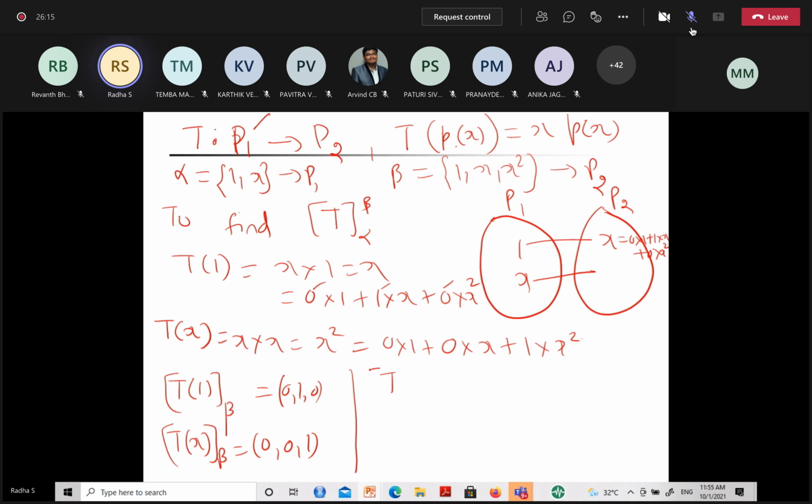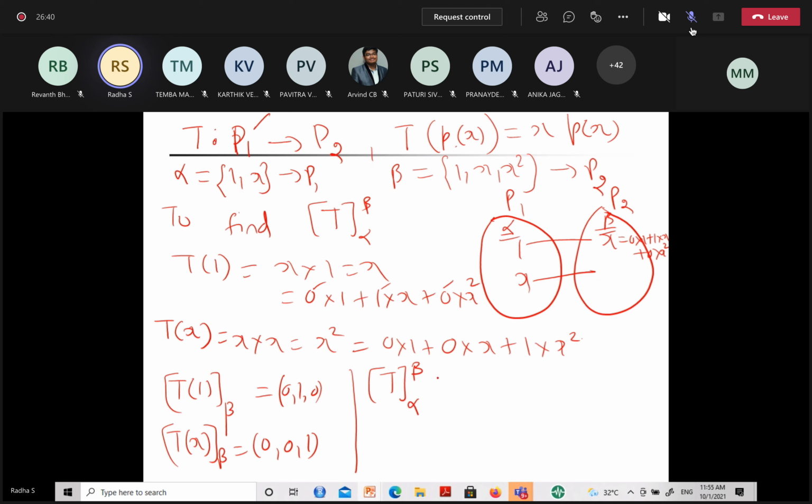So what is the matrix of the linear transformation alpha to beta? Here alpha and here beta. Take an element of alpha, find the image of the linear transformation for each element of alpha, and represent that image element in terms of beta.